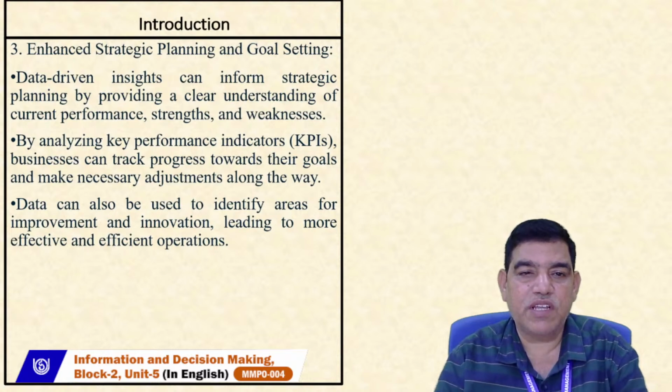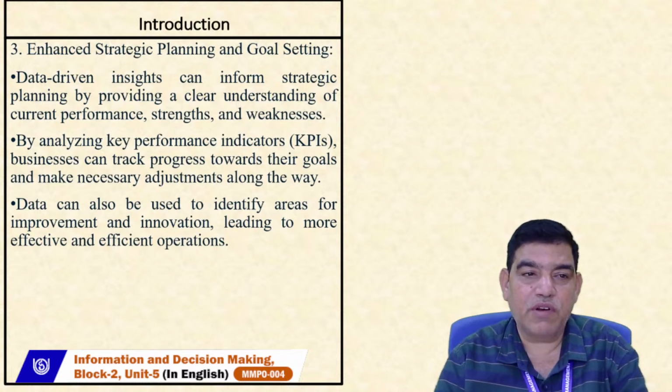If we know our strengths, if we know our weaknesses, definitely in the decision-making process during strategic planning, we better understand what is our current performance. Then we can enhance the strategic planning and we put a goal setting.